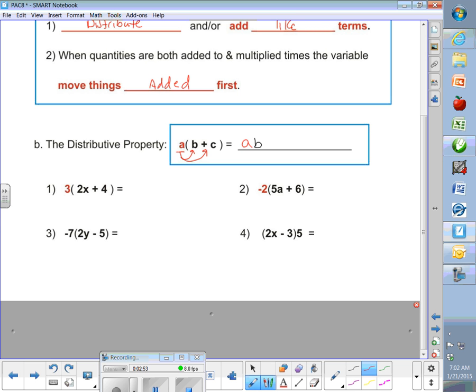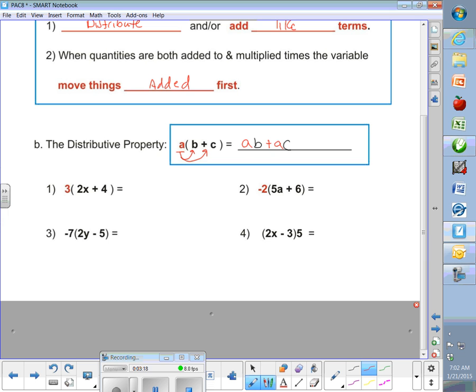A positive A times a positive C is a positive A times C. So A times the quantity B plus C equals AB plus AC. Let's go through some of the examples here to try to get you back up to speed on distributing. It is an important aspect in math.